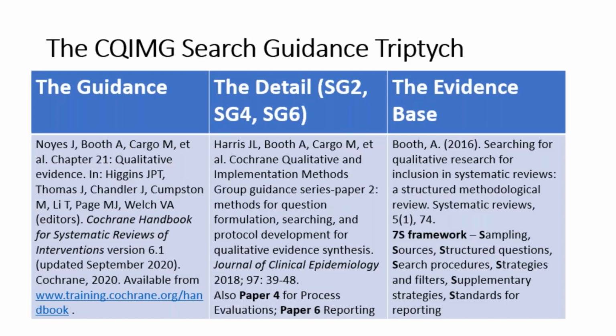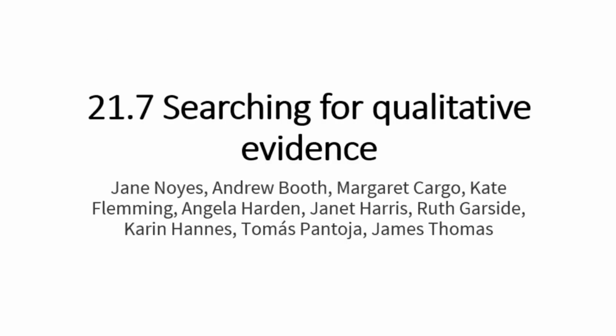And so a third source is the Searching for Qualitative Research for Inclusion in Systematic Reviews methodological review published in the journal Systematic Reviews, and that presented the evidence for searching for qualitative research using the 7S framework, and I'm going to use that to present the guidance today.